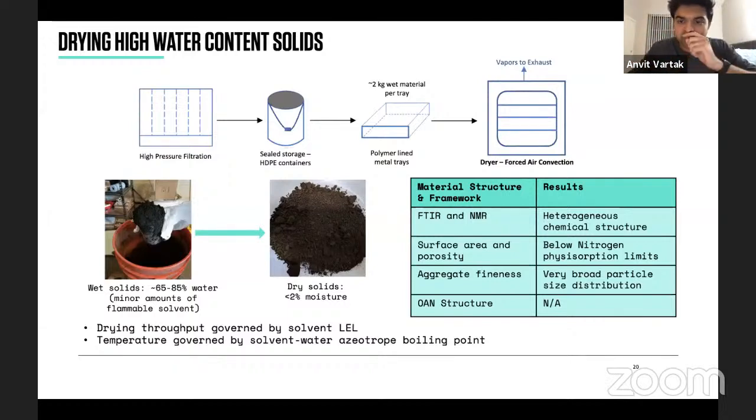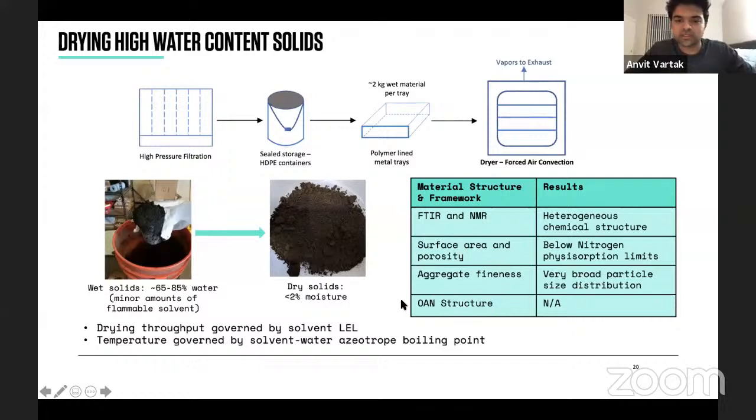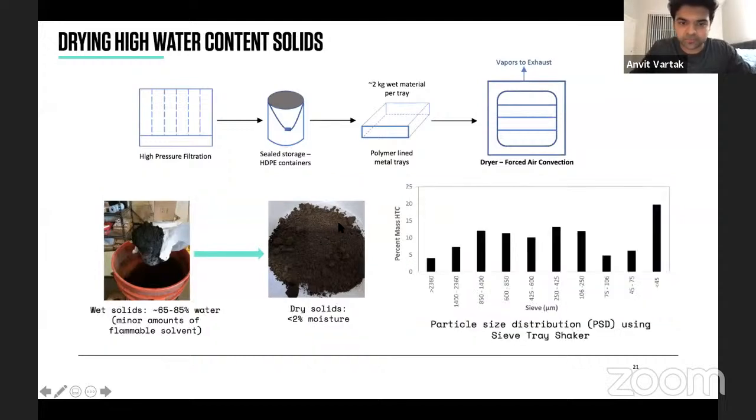The aggregate fineness, wherein those single primary particles that were sticking together, if they are making very small tiny aggregates, or if they're making these large agglomerates that we can see in this picture here. So we are still at those large agglomerates. And the OAN structure, as I talked about, which cannot be done on this material for some reasons that we can discuss later if you are interested.